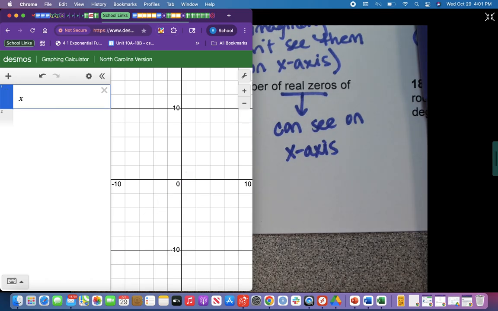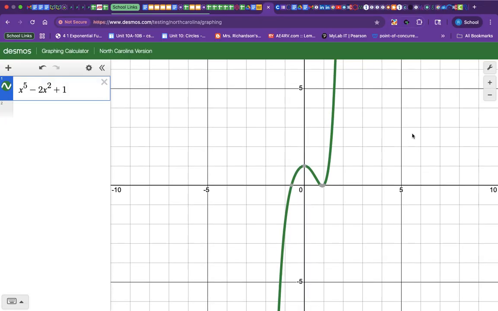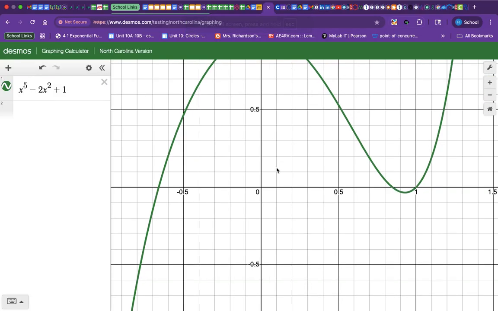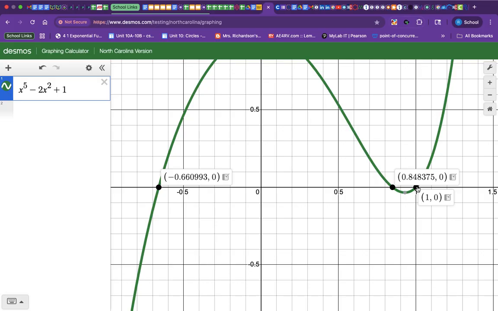All right, so x to the 5th minus 2x squared plus 1. So how many real solutions does this have? So one solution there, another solution there, another solution there. So we've got 3 real solutions, which is going to make the other 2 imaginary for a total of 5 since the degree is 5.